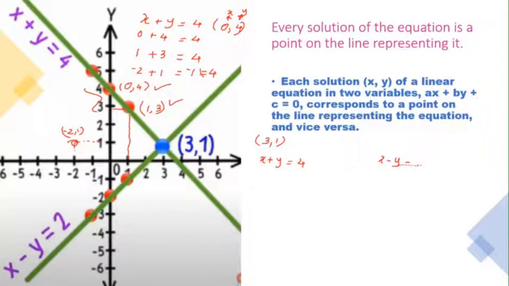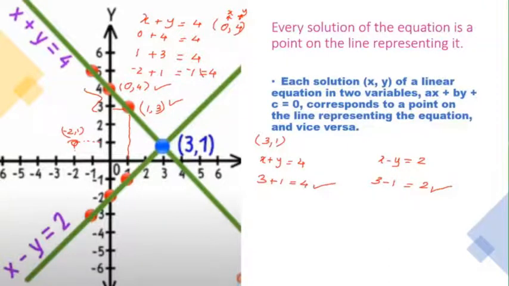So what do we get? x plus y equal to 4 means 3 plus 1 is equal to 4, and here 3 minus 1 is equal to 2. Is this correct? 3 plus 1 is equal to 4? Yes. 3 minus 1 equal to 2. That is also correct. So (3, 1) is satisfying both the equations x plus y equal to 4 and x minus y equal to 2. That means (3, 1) is a common point for both.